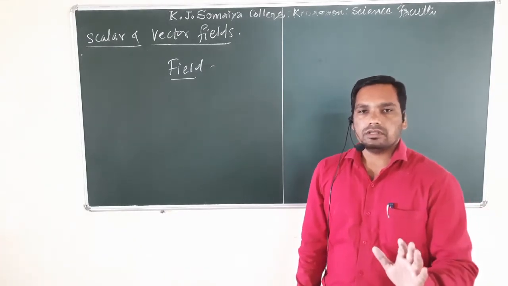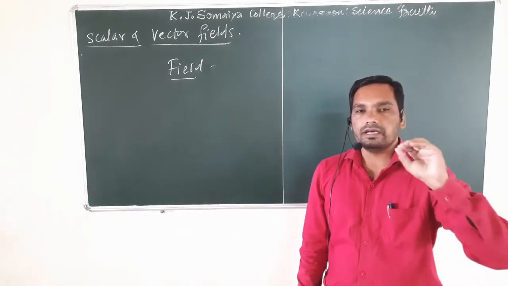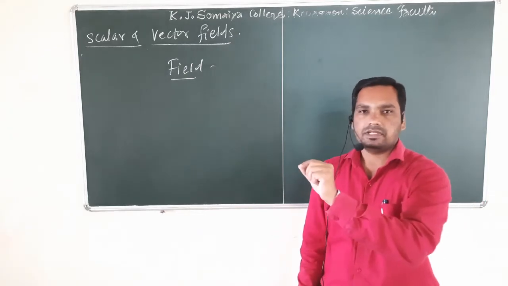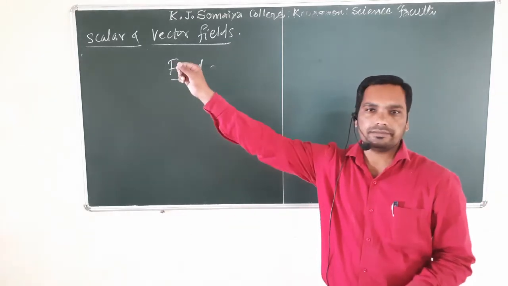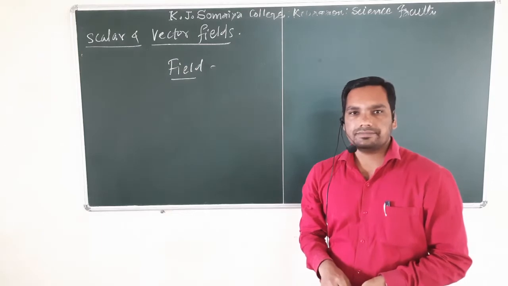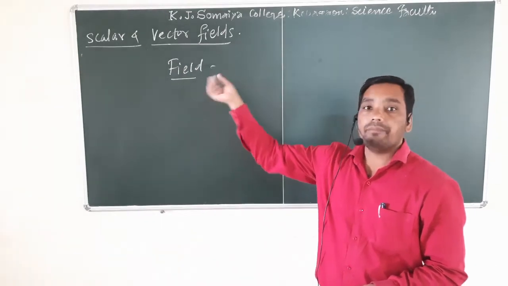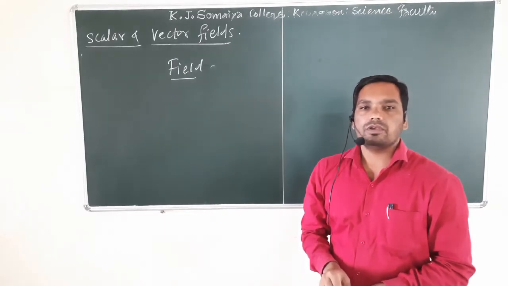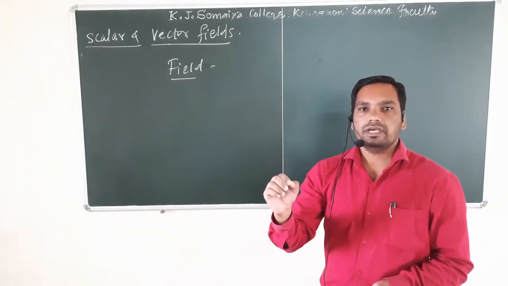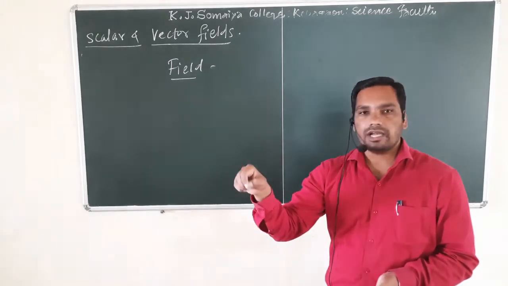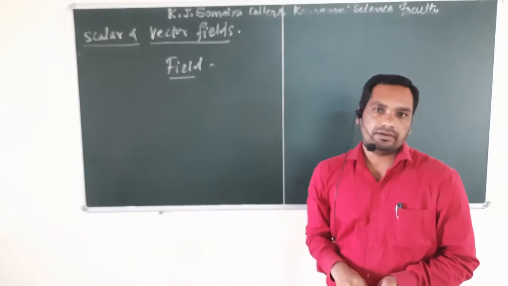Suppose in a region of space we are finding temperature at different places, then in that case we have a temperature field. If you take a charge plus q, then around that charge we have an electric field.